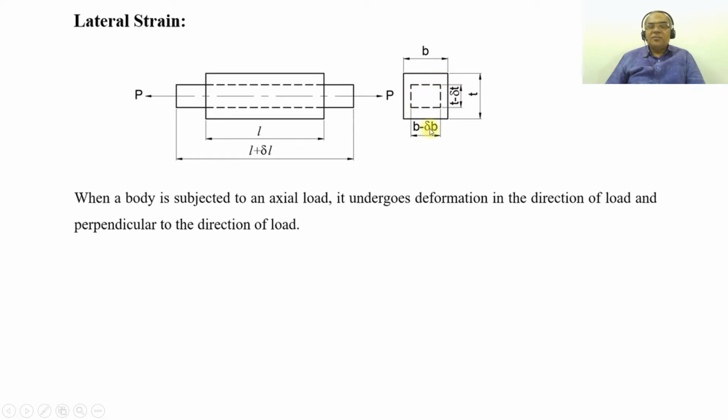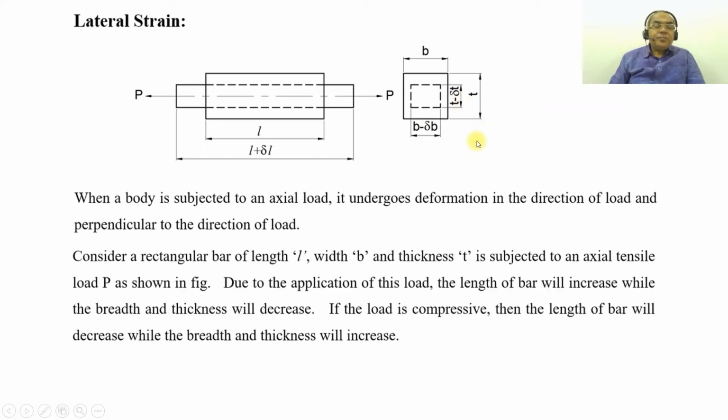In this particular view, initially it was B and T. Since it is a tensile load, the lateral dimension will decrease. That is the reason we take B minus delta B and T minus delta T. Finally, the volume will remain the same. When a rectangular block of length L, width B and thickness T is subjected to an axial tensile load, as shown in the figure, the length of the bar will increase while the breadth and thickness will decrease.